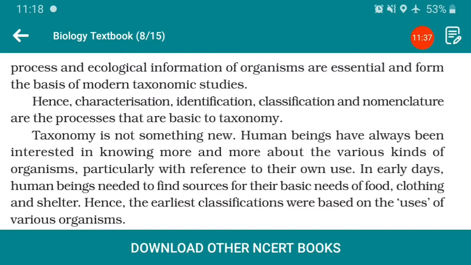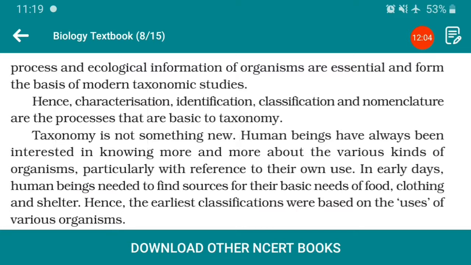Suppose I take the example of the animal kingdom. What is the beginning of a particular animal, and then it comes down generation to generation. That is one way to find out the taxonomy from the beginning. Taxonomy is not something new.